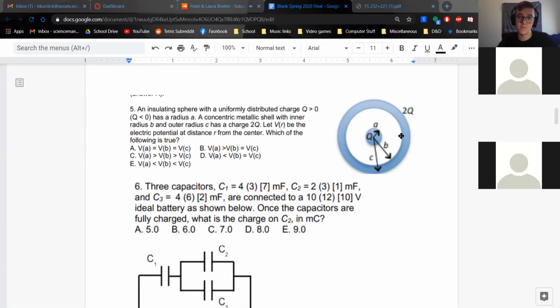And so if you were to take a path that goes from the inner surface of your shell to the outer surface of your conductor here, you'd have to go against the E field, and that's going to add up to your potential. So VA is the highest potential you can have, and VB is kind of the lowest on the inner surface here. So B is the correct answer.